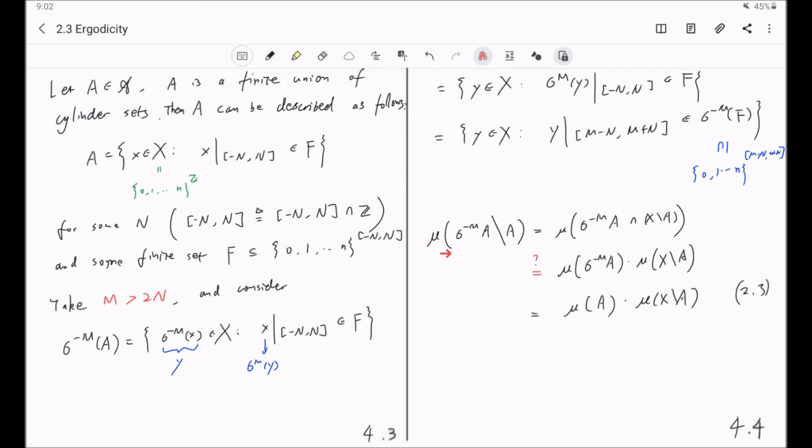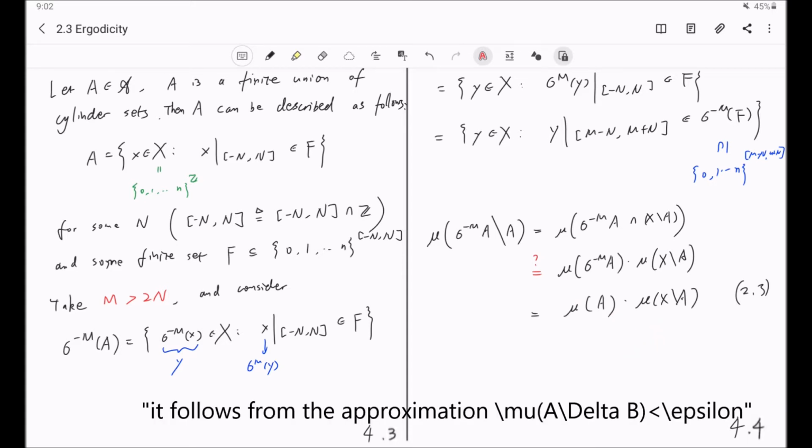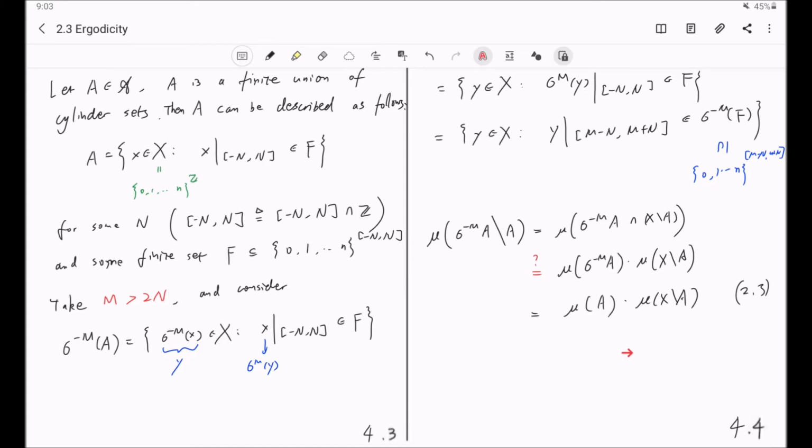If this guy can be proved to be very small, very close to 0, which means this product is close to 0, then we can hope that either this guy or this guy is close to 0, and thus it follows from the approximation that either mu of B is close to 0 or mu of B complement is close to 0, and that is close to what we want to prove in the end. So let's continue to see what we can find with this equality.